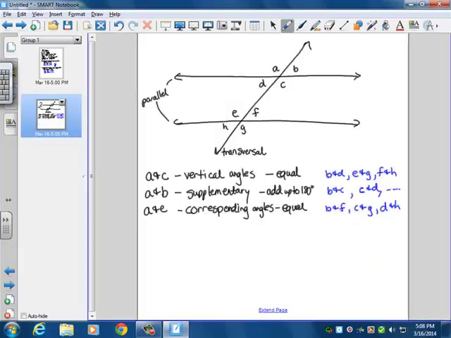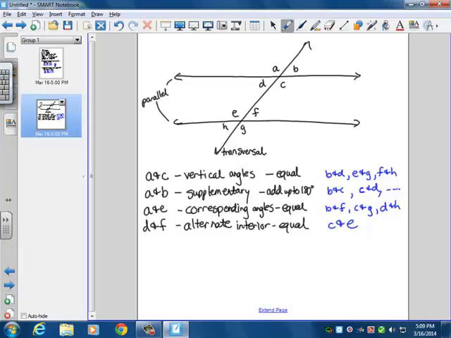Let's see, D and F. D and F. These are called alternate interior. So think of it, interior, they're on the inside, and they're alternate. So these would also be equal. The other set of alternate interior are C and E. Okay.